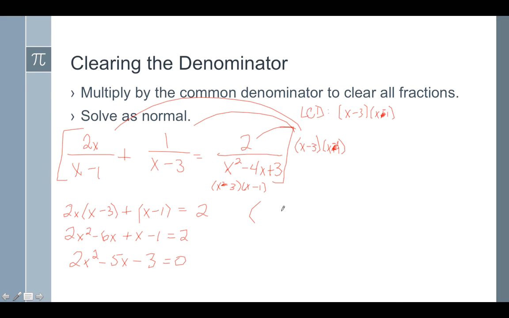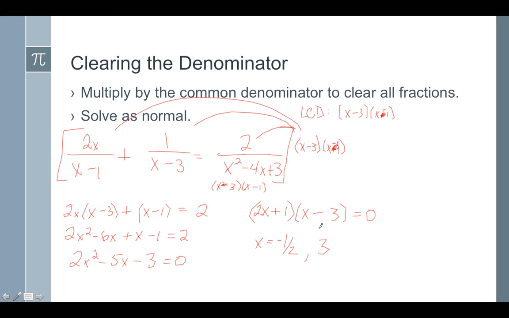This will factor to 2x plus 1 and x minus 3. So here we get x equals negative 1/2 and 3. But here's a problem.